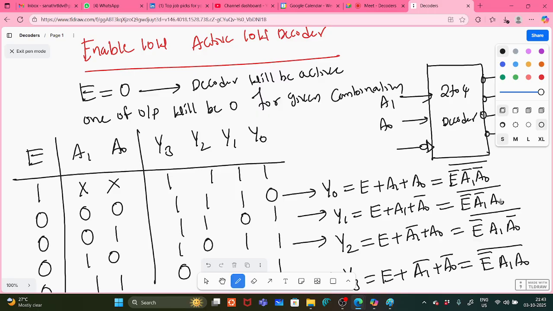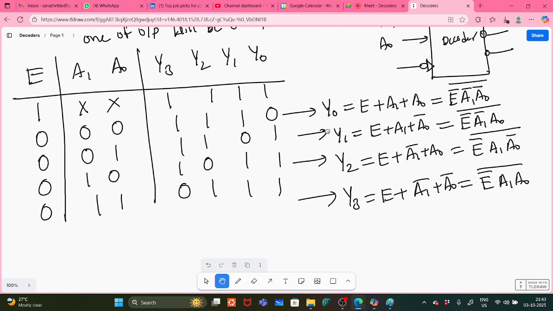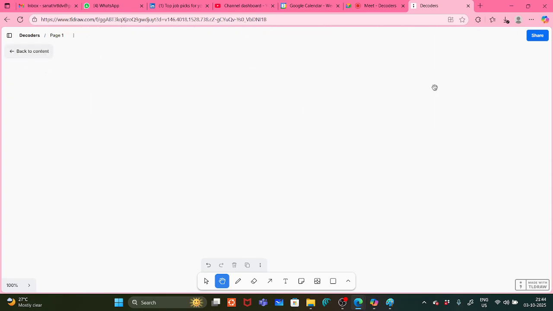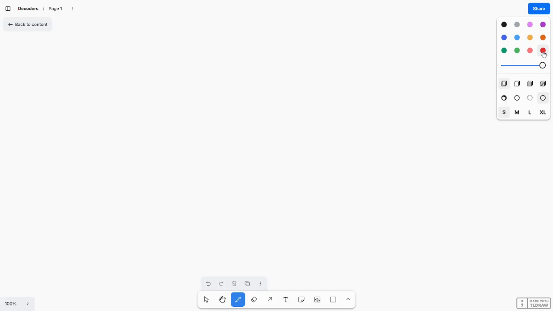Next you see, this is the enable active low decoder. Suppose you want to see the 3 to 8 decoder. 3 to 8 decoder means how many inputs and how many outputs will be there? The 3 to 8 decoder has 3 inputs and 8 outputs.